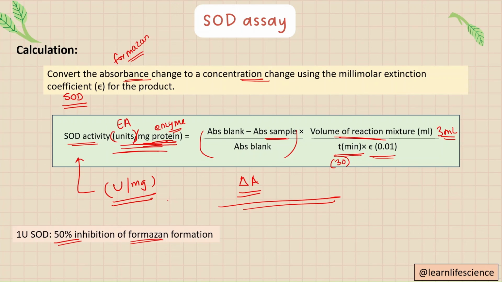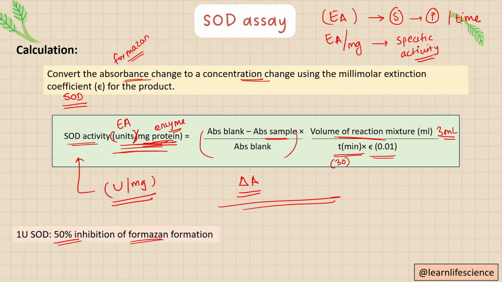Now, when you are calculating enzyme activity, you are concerned with how much substrate is getting converted into product per unit time. And here you can see that we are dividing the enzyme activity by the mg of protein, which means we are simply calculating its specific activity, the specific activity given by superoxide dismutase.